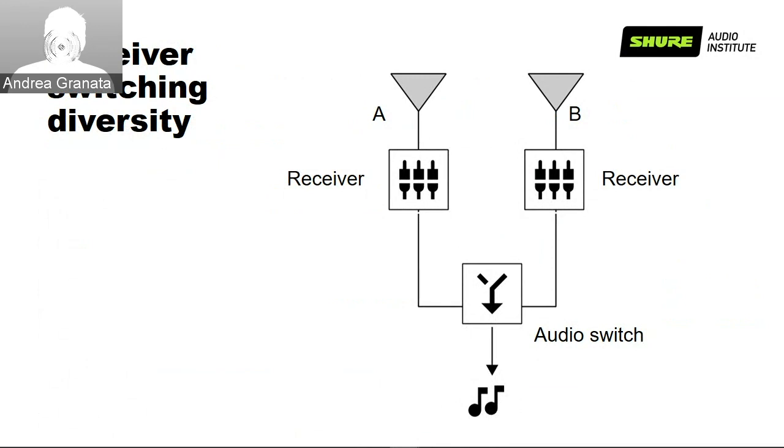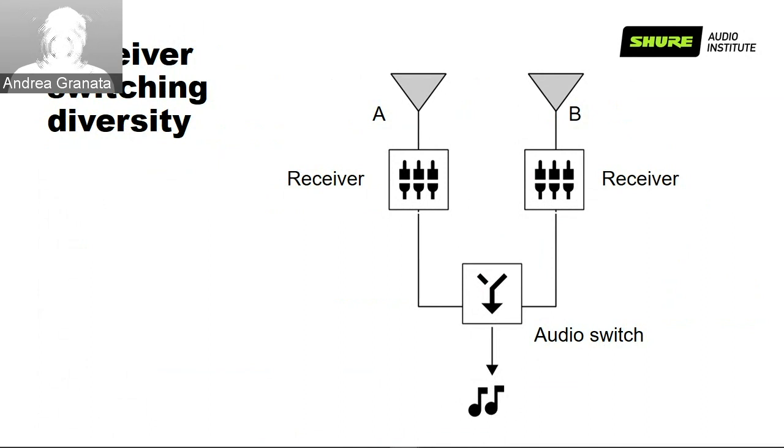After this, we have receiver switching diversity. This is not really in use in any Shure device, but it's pretty common in some third-party high-tier devices. What happens? We have two antennas going to two receivers that do all the processing for you, transforming the RF energy into audio. And then the audio is switched between A and B, usually by comparing the quantity of noise in the audio.